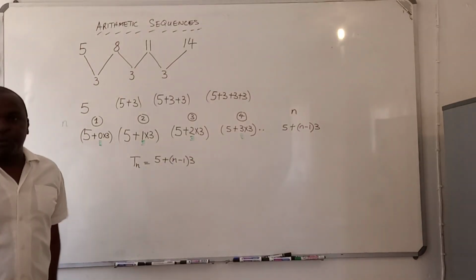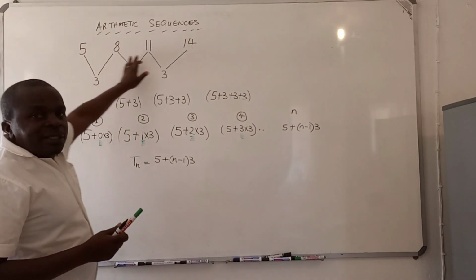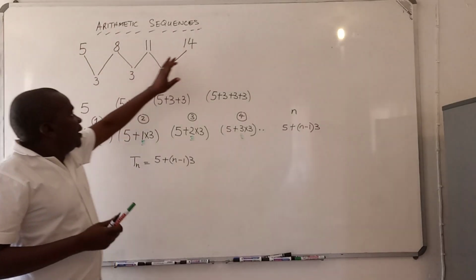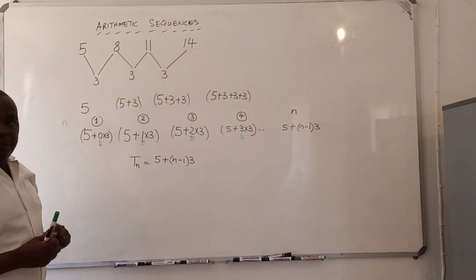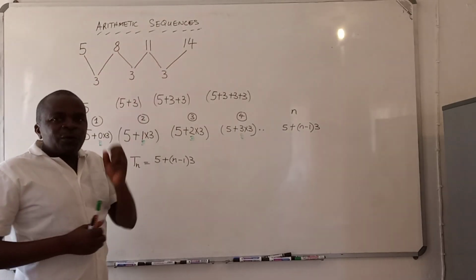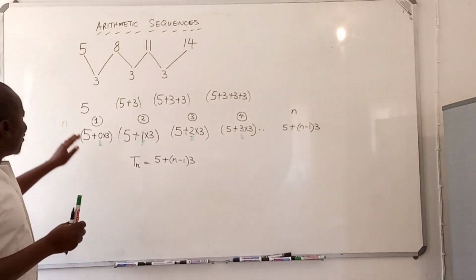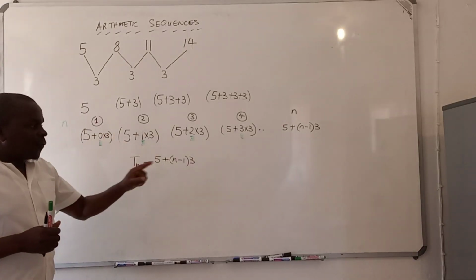Let's check if this expression is correct by substituting the position of n. Now, if we look at this sequence here, what is the position for 14? It is 1, 2, 3, 4. So 14 is occupying the 4th place, which means that our n is equal to 4.